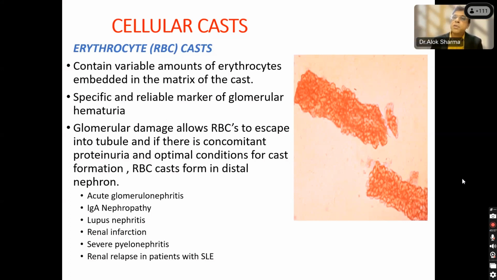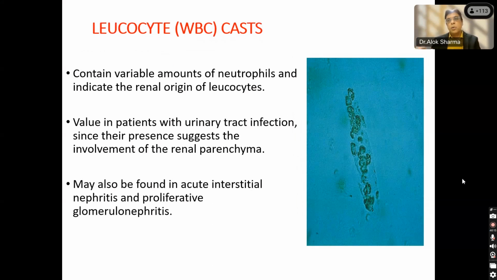They will ask their patients to undergo a urinary examination once every month and come for follow-up. Whenever they see that the patient is having RBC casts in urine, they will immediately take action and see whether that patient has a flare and take further action. So it's a very good screening test in these patients. You are the one who will diagnose and activate that chain of events which will lead to correct treatment in these patients.